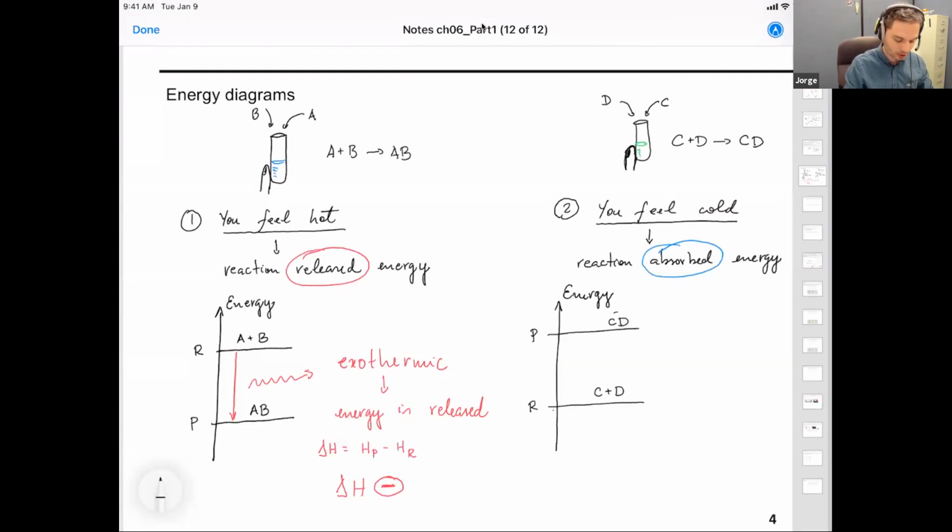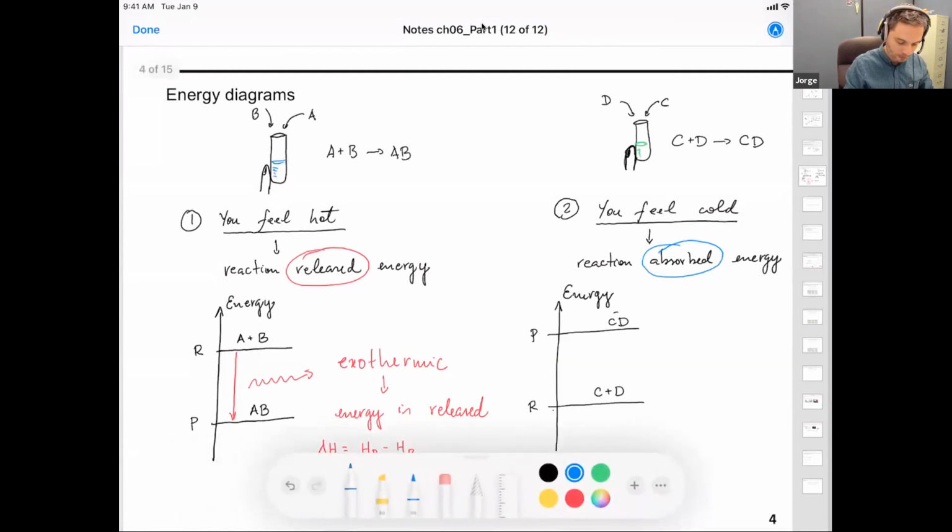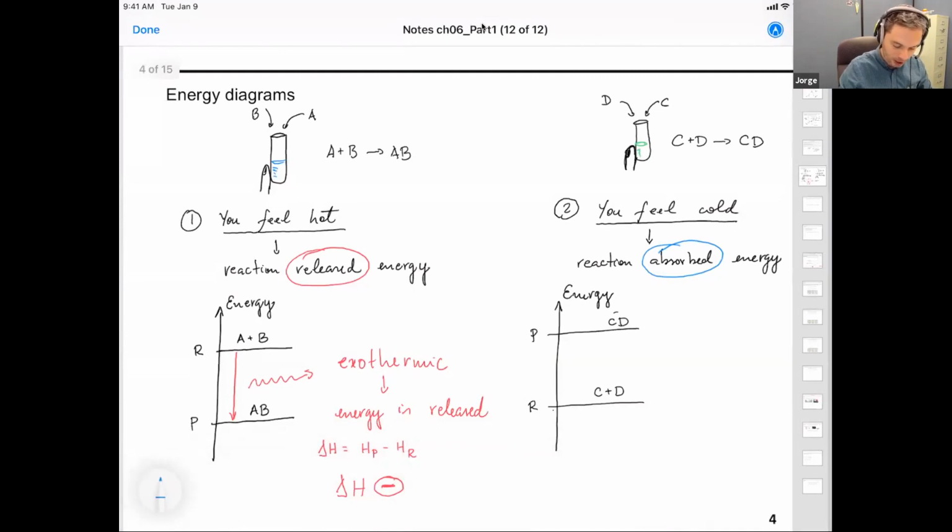Therefore, in this kind of reaction, energy was absorbed by the system, and that caused the test tube to get cold, and that's why when you touch the test tube, you felt cold, because the reaction is absorbing energy to go all the way to the products.